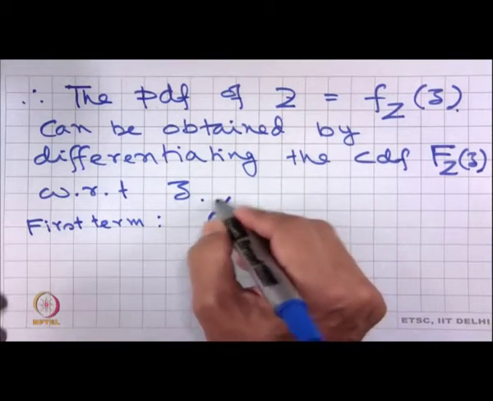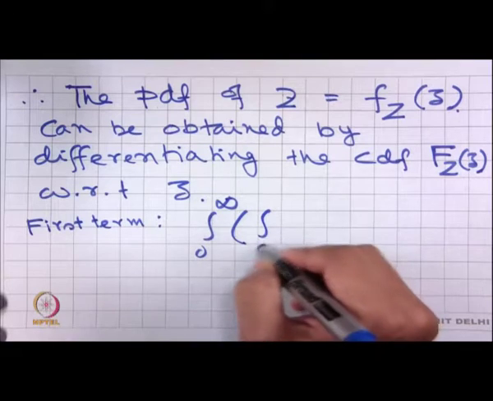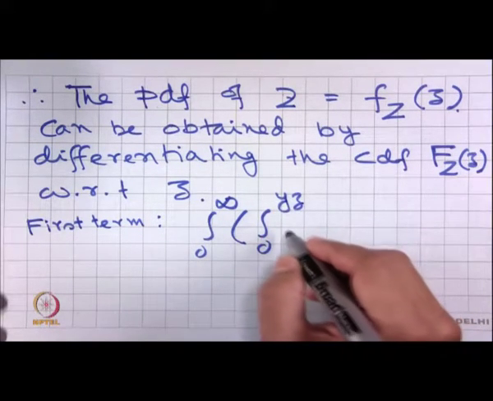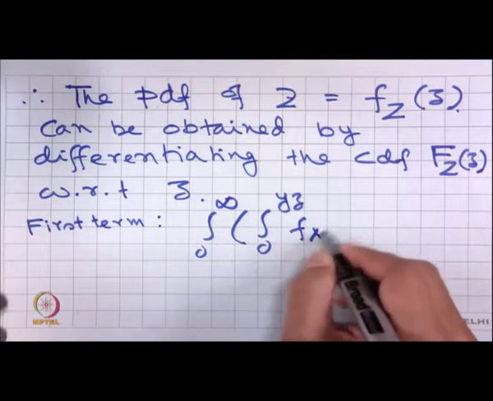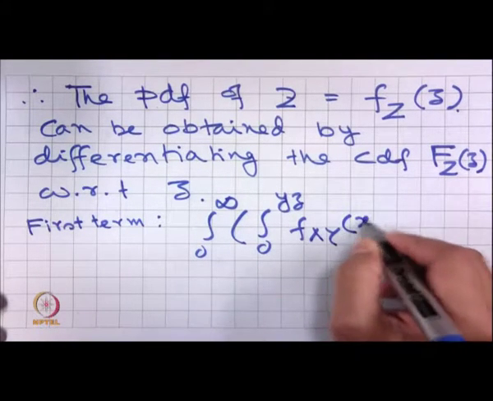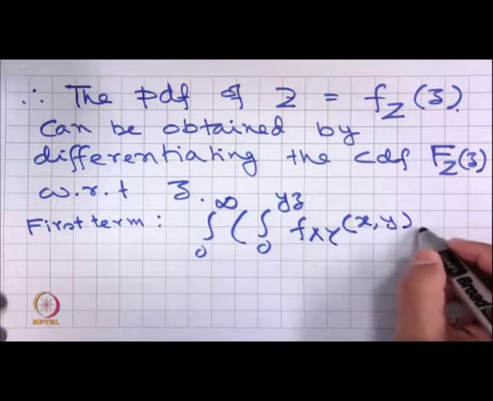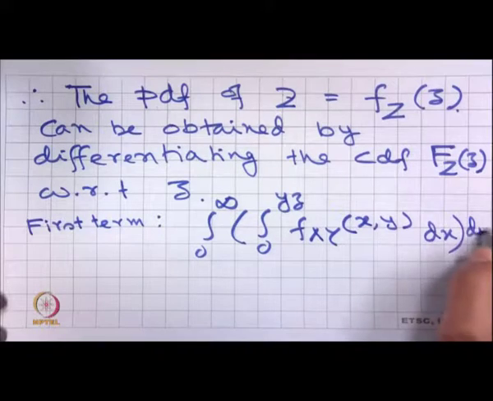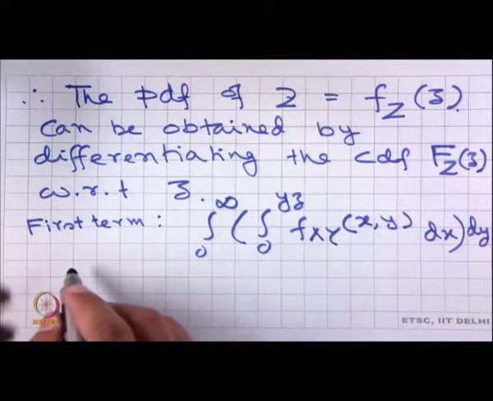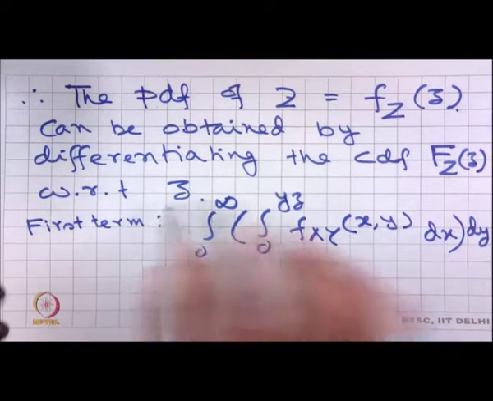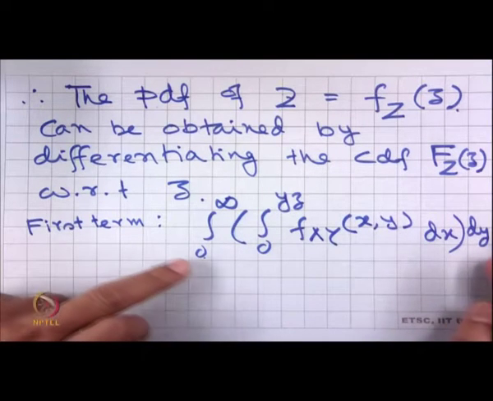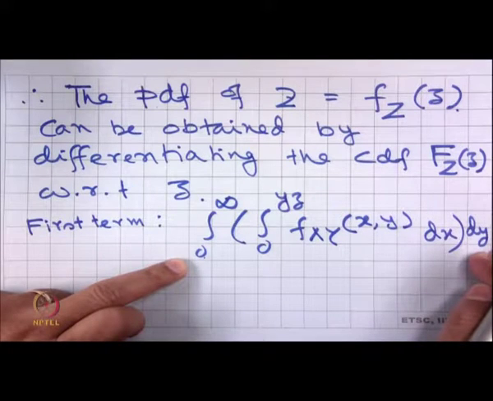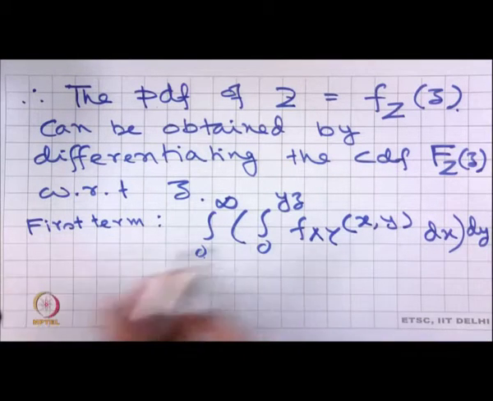Integral 0 to infinity, integral 0 to y z, f of x y, x comma y, dx dy. So, when we differentiate with respect to z, look that the outer integration does not involve any z.